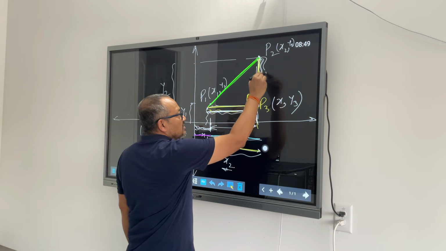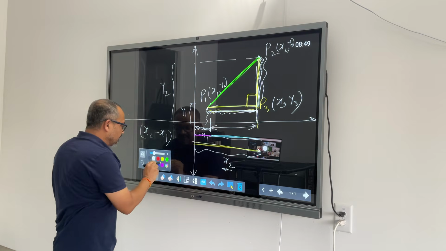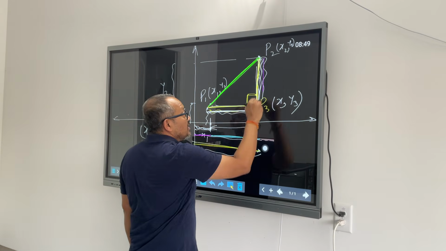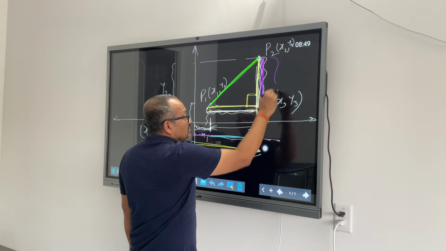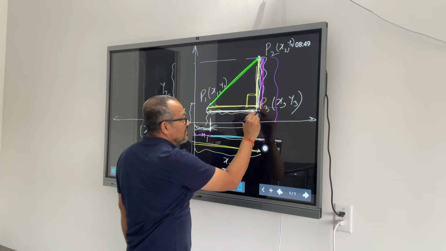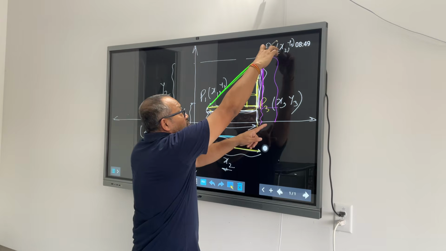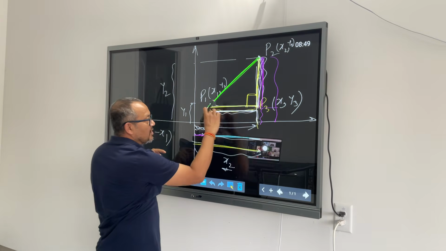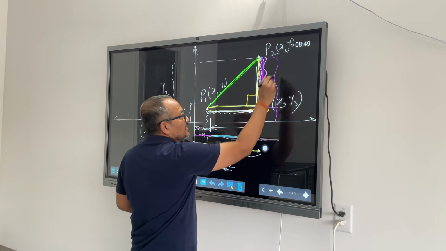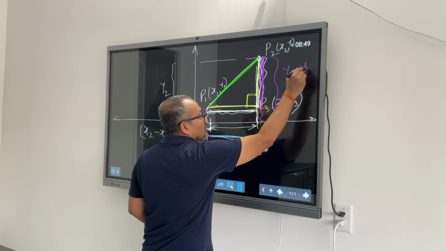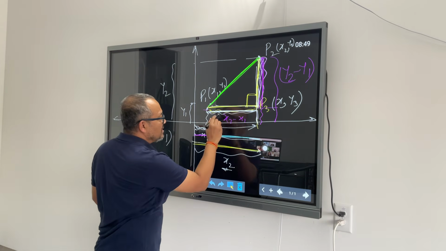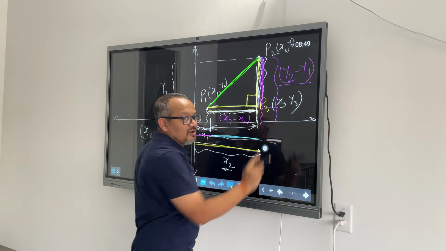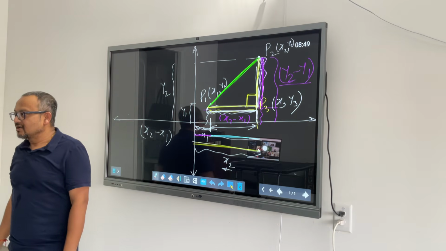If I put this length in a purple color from here to here, it is nothing but this whole length minus this length. So y2 minus y1 will be this length. This distance came out to be x2 minus x1. This length is y2 minus y1.